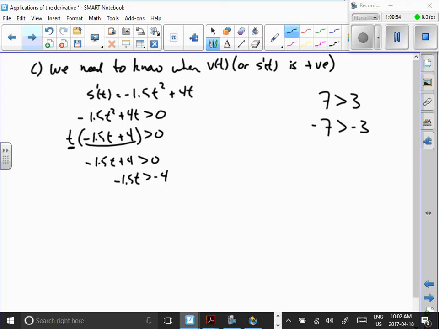No. So when you multiply or divide an inequality by a negative, you need to change the direction of the inequality sign. This actually needs to go this way. Okay, so we're going to divide by negative 1.5. We need to change the direction of the inequality sign. So we're going to have t is less than negative 4 divided by 1.5.